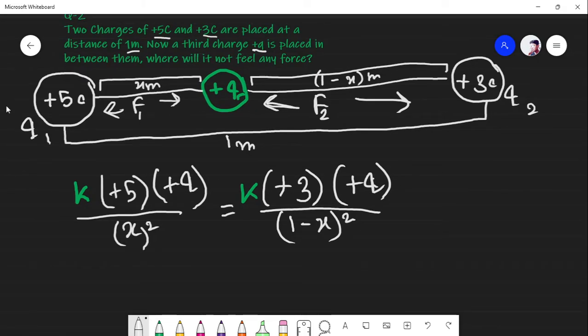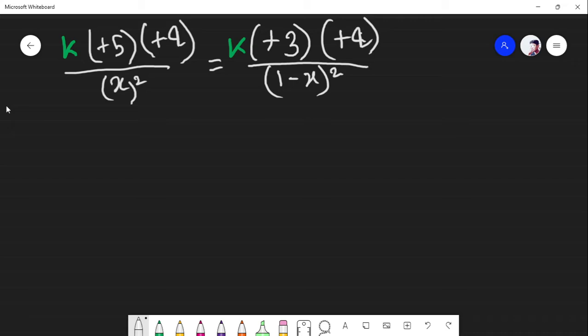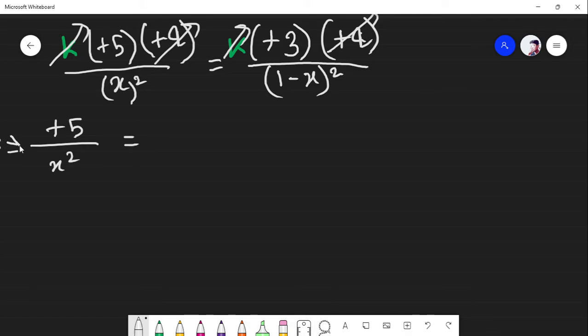Yeah. Now all we have to do is simplify. So these two values can be cut out, and these two as well. So +5 divided by X squared is equal to +3 over 1 minus 2x plus x squared.